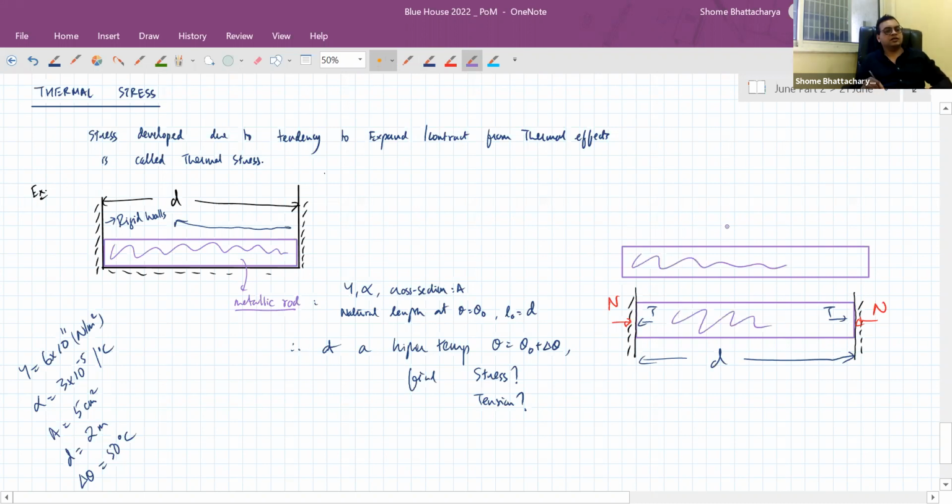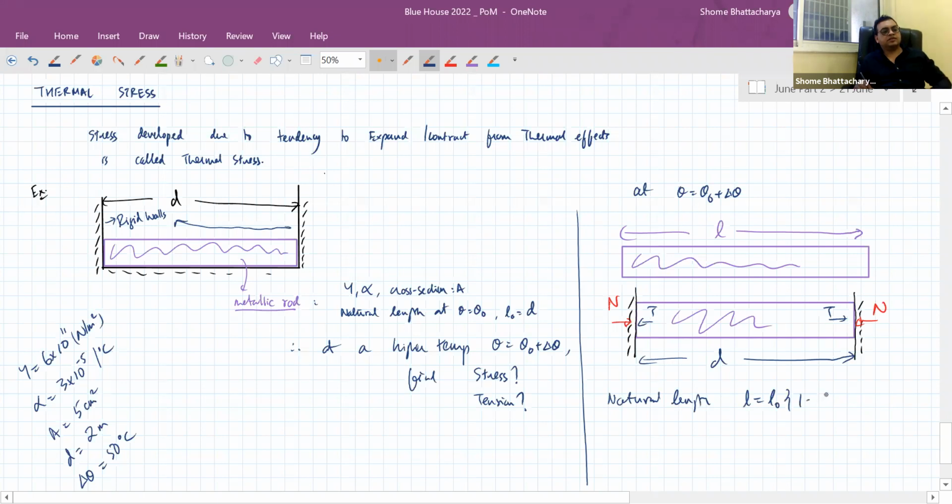This would have become L had there been no walls. So at theta equal to theta naught plus delta theta, the natural length of the rod would have been the original length into 1 plus alpha into delta theta. So that is this much.